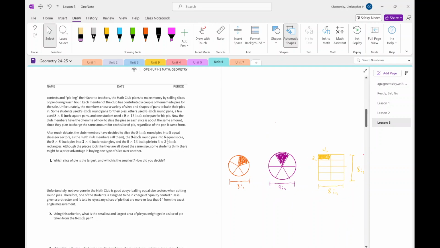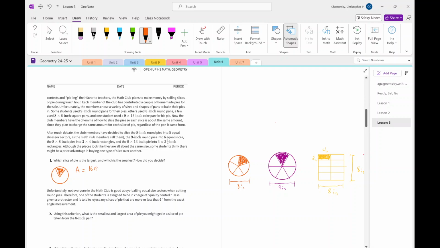So for the 8-inch pie, rough sketch here of that slice. Okay. The area of the entire pie is equal to 16 pi.